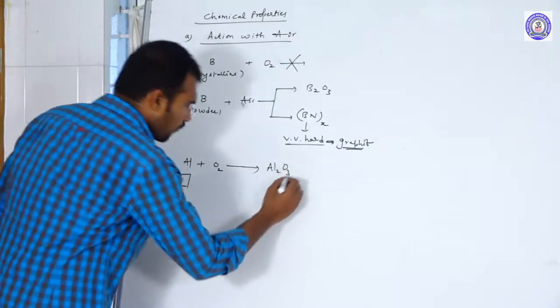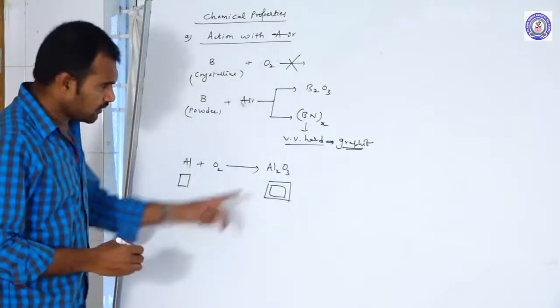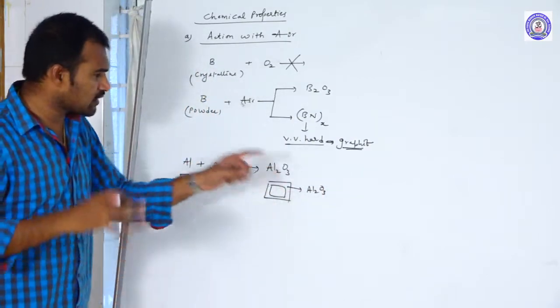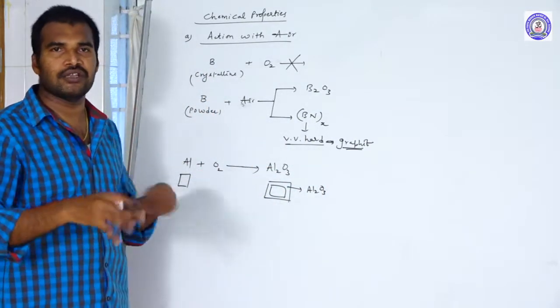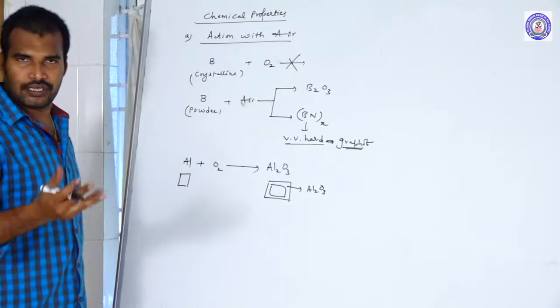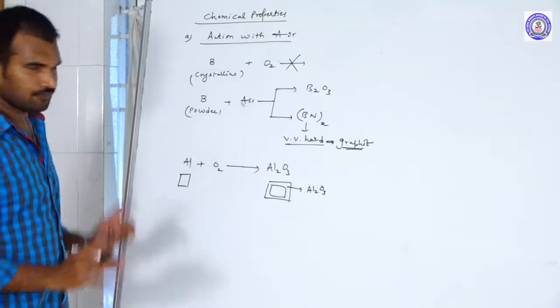This Al2O3 stops further reaction of aluminium with oxygen.